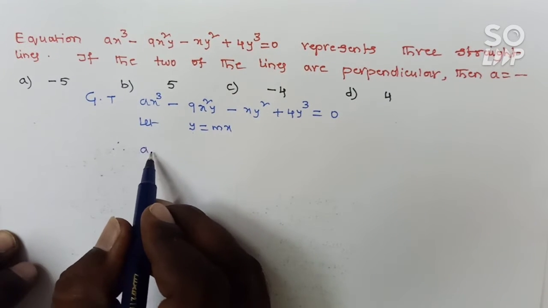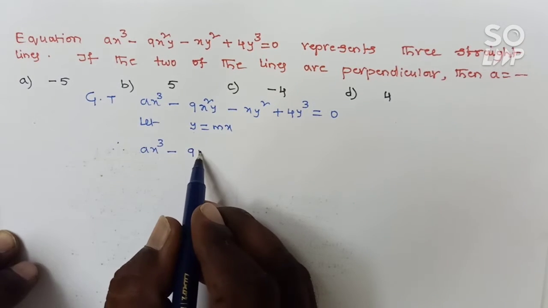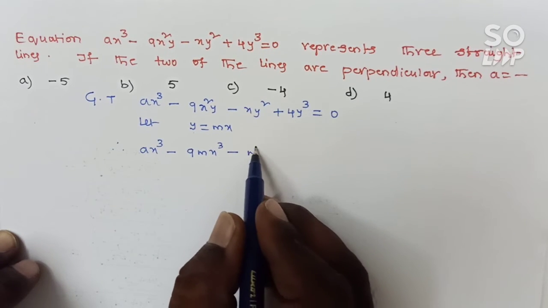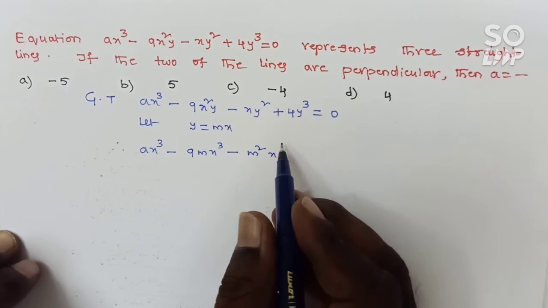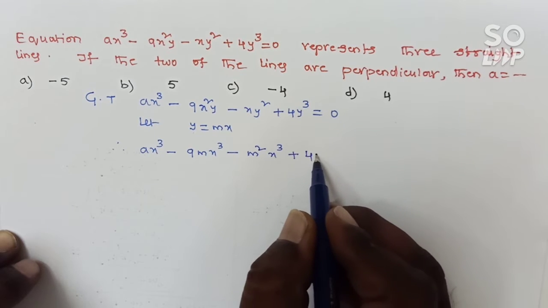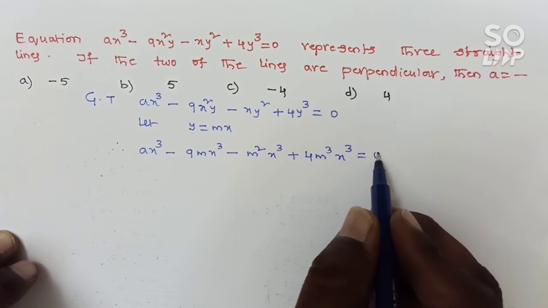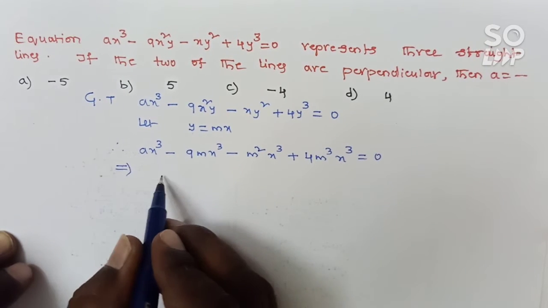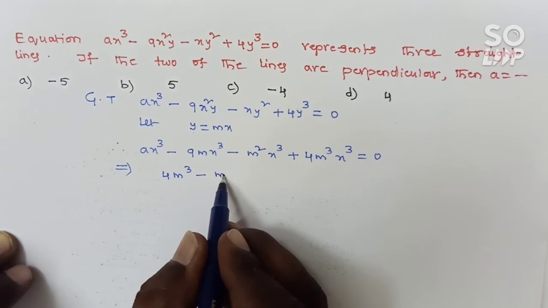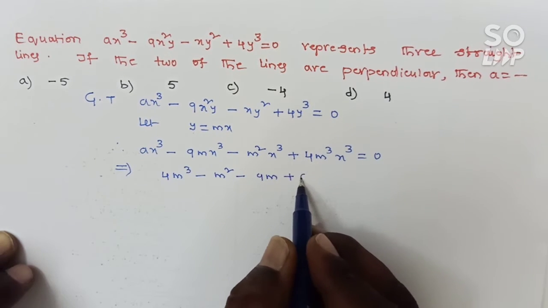Therefore a x cube minus 9m x cube minus m square x cube plus 4 m cube x cube equals 0. From this we can write that 4 m cube minus m square minus 9 m plus a equals 0.